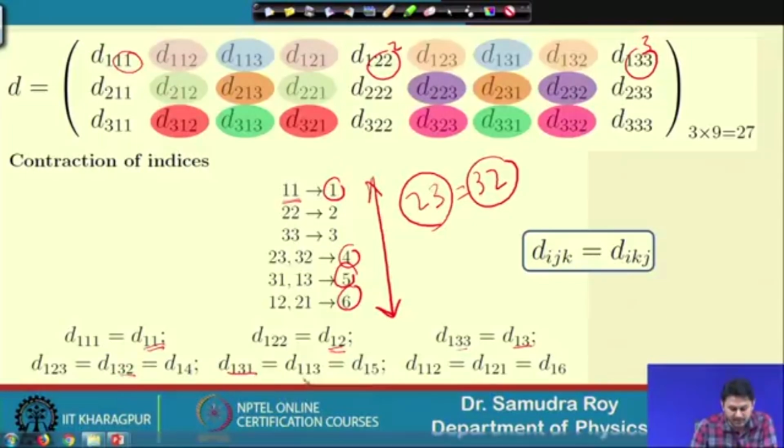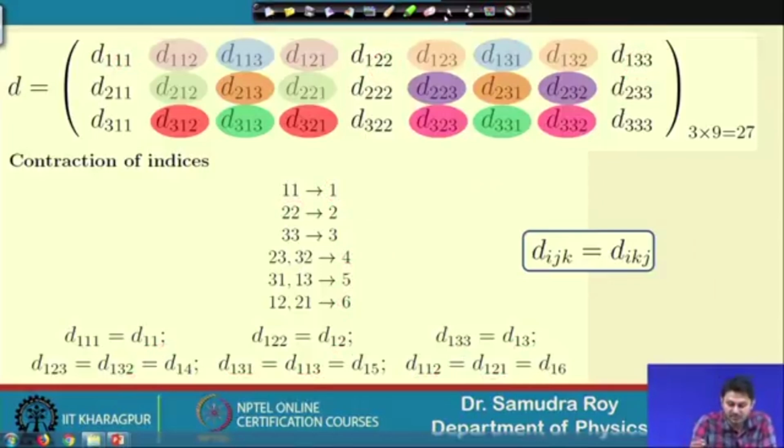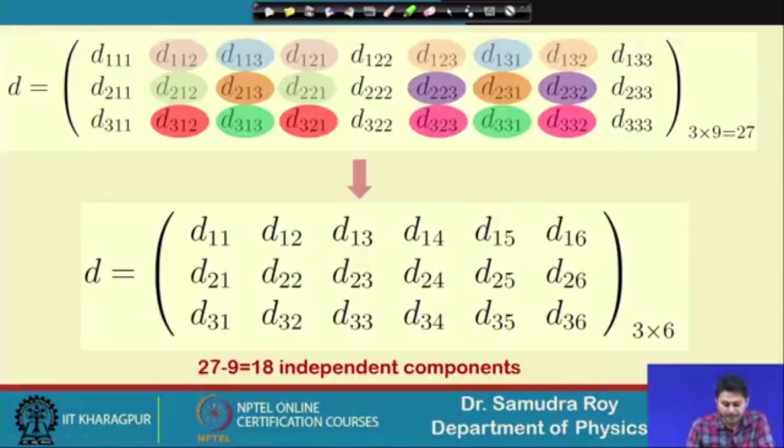Similarly, D 1 1 3 is the same, D 1 1 2 and D 2 1 are the same, and I write this as 1 6.